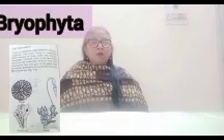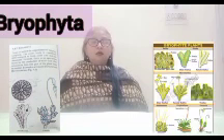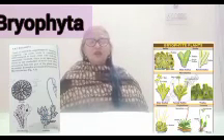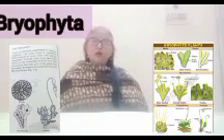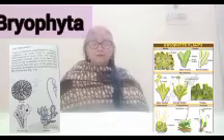The second division coming under plant kingdom is Bryophyta. In this group, the plant body is differentiated into stem-like, root-like, leaf-like structure.